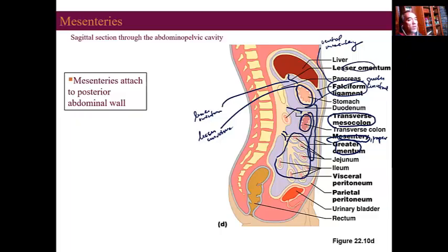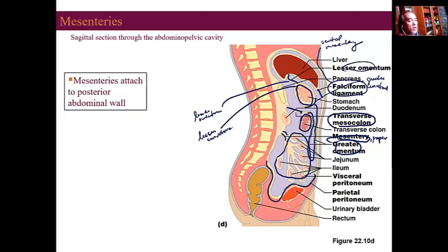So these are the mesenteries in a sagittal section through the abdominopelvic cavity, and that defines what mesenteries are. It also defines the organs that are located within the peritoneal cavity. Remember, the wall is lined by peritoneum.